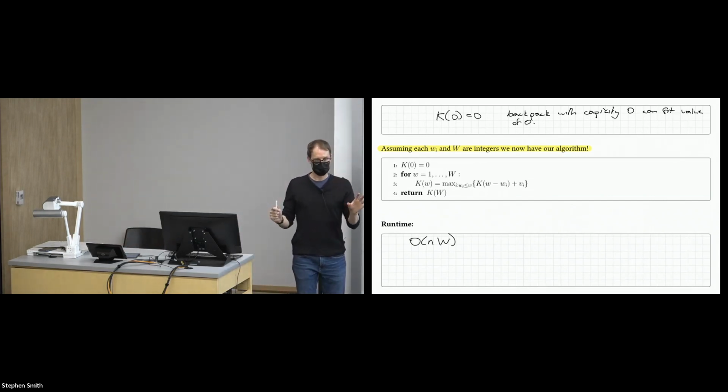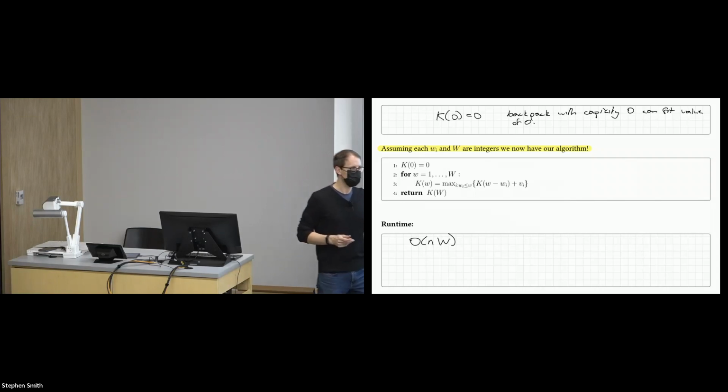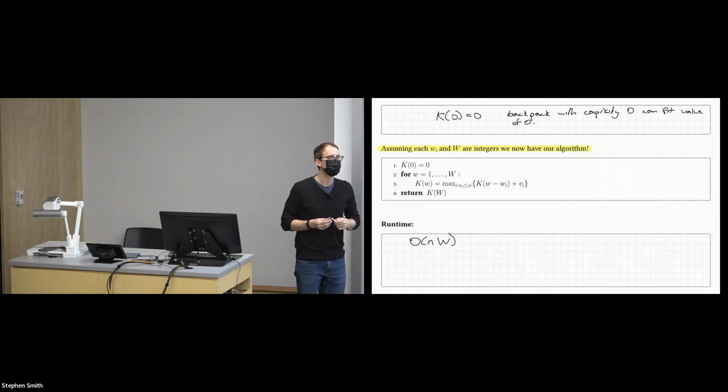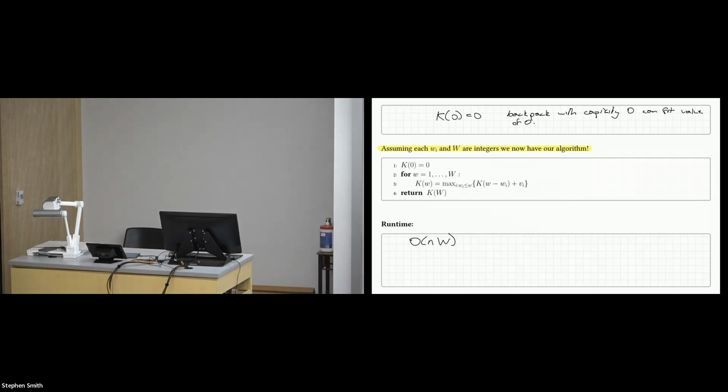Now, an interesting question that I'll leave, this will be our last point for today: is this a polynomial time algorithm? I see some yeses. Do I see any no's? Anyone think it's not? Yeah. So when we talk about polynomial time, we're talking about polynomial time in the size of the input.